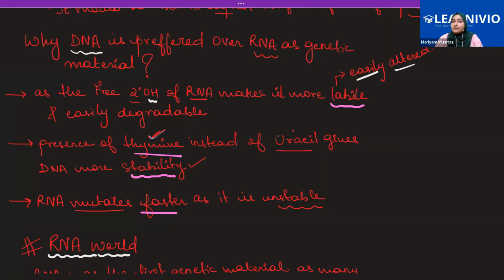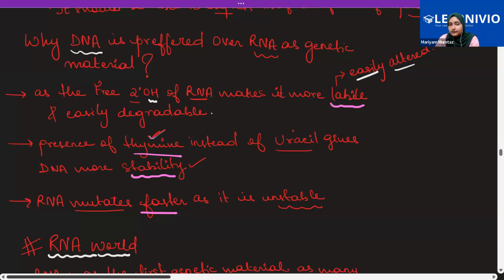You know that RNA has an extra OH group at the second position of the pentose sugar. Now that OH group is free, so it can react with anyone. It can form condensation reactions and different reactions. This makes the RNA labile, which means easily altered and easily degradable.